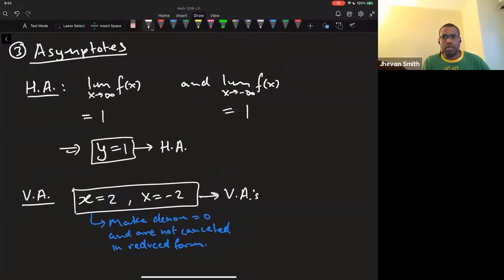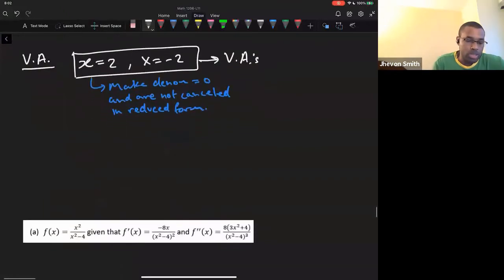Any questions on the asymptotes part? So that's something that's relatively new. Not relatively new, like we did this today. Yeah, that's the asymptotes part. Now we move on to step 4.